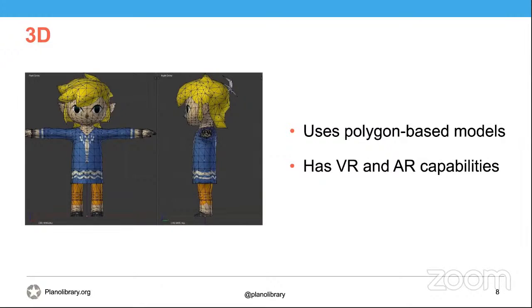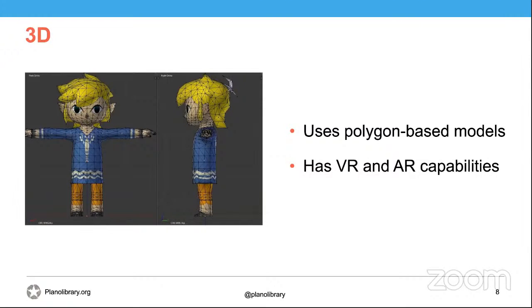One thing also to note about Unity's capabilities with 3D is that it does have VR and AR capabilities. VR being virtual reality, it's been one of the new hot things that have been talked about, where there are places you can now go, put on the virtual reality glasses, and feel you're actually immersed in a 3D environment.